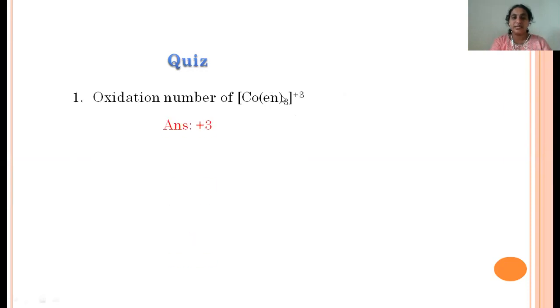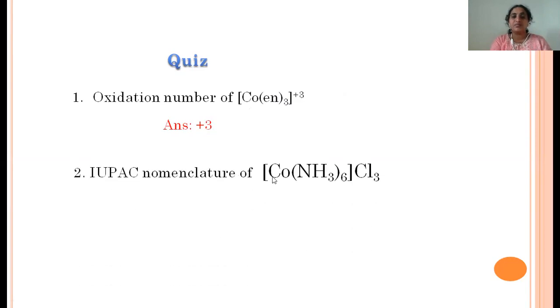Here, because ethylenediamine is a neutral ligand, whatever charge is present on the sphere equals the metal oxidation number, that is Co3+. Then what is the nomenclature of this complex? Yes, this is hexaamminecobalt(III) chloride.